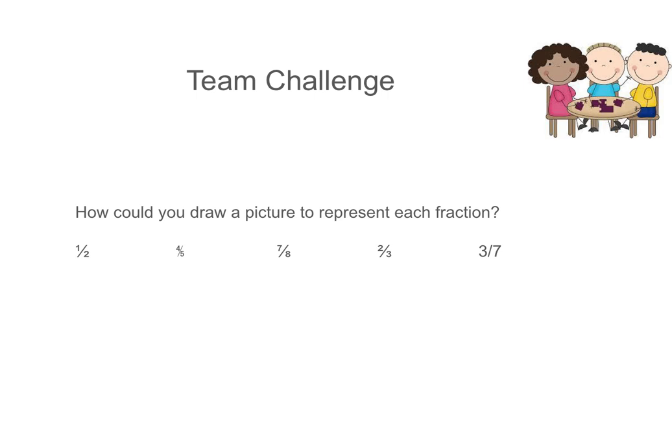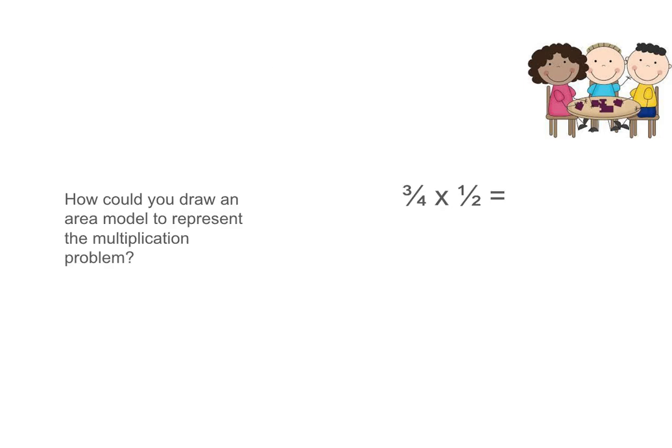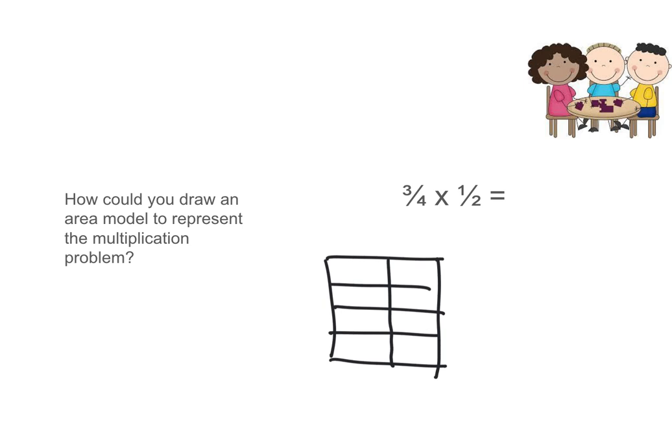This team challenge was completed in class. We drew pictures to represent each of the fractions. How could you draw an area model to represent the multiplication problem 3/4 times a half? We would split it up one way into halves and the other way into fourths.